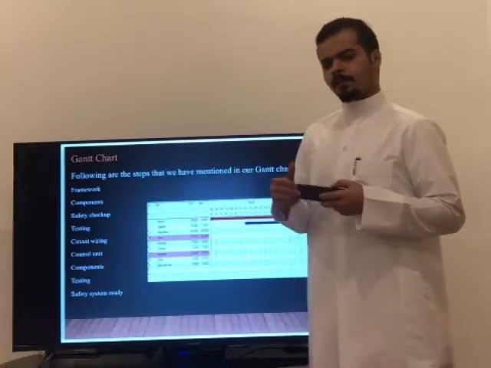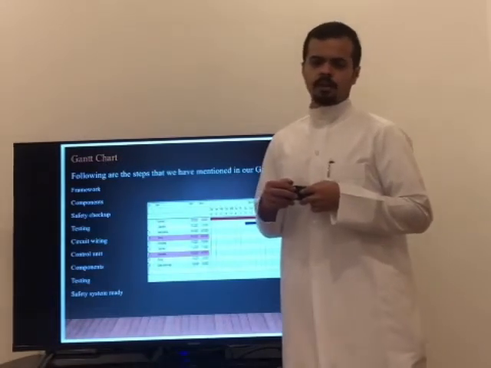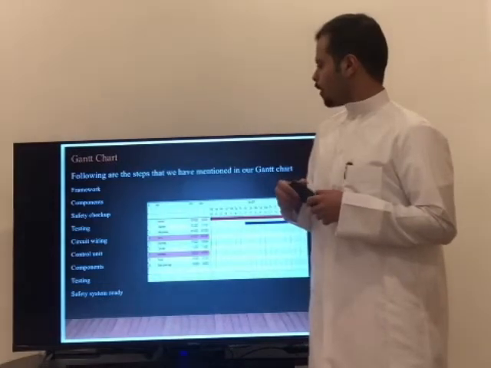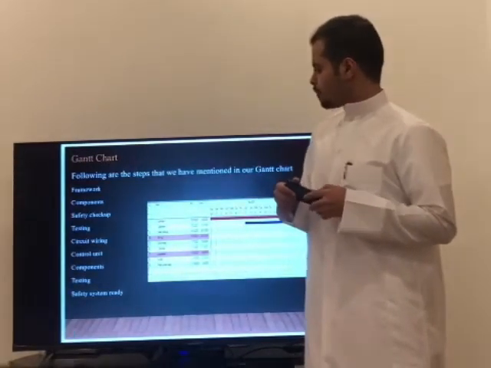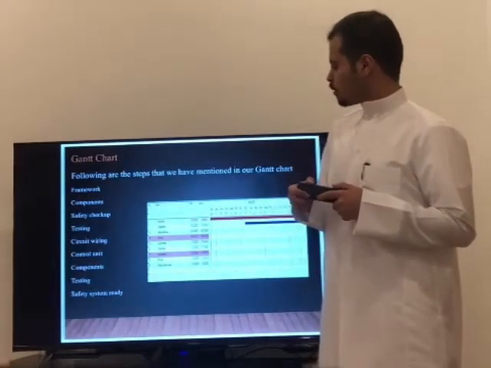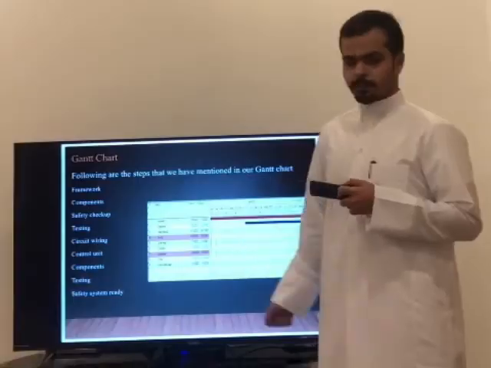The following are the steps we have mentioned in our Gantt chart: frame work, components, safety check-up, testing, circuit wiring, control unit, components, testing, safety system ready.